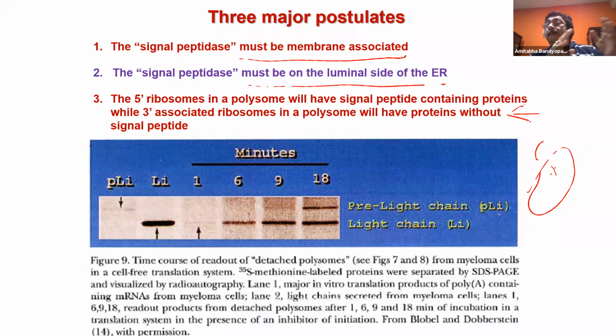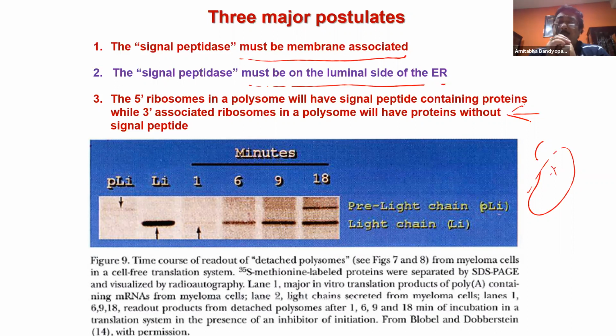That is, initially the signal peptide is there as part of the protein, and even before translation is finished, it is chopped off. So the 5' ribosomes in a polysome will have the signal peptide, the 3' ribosomes will not have it.